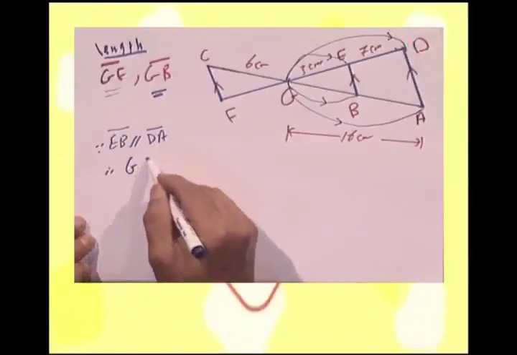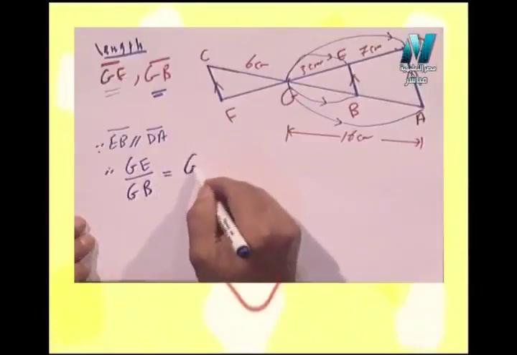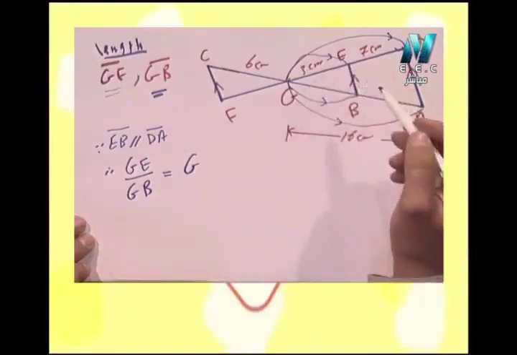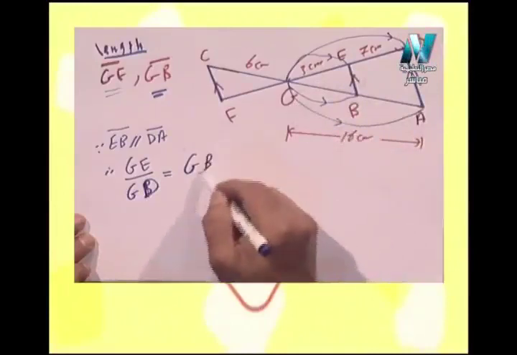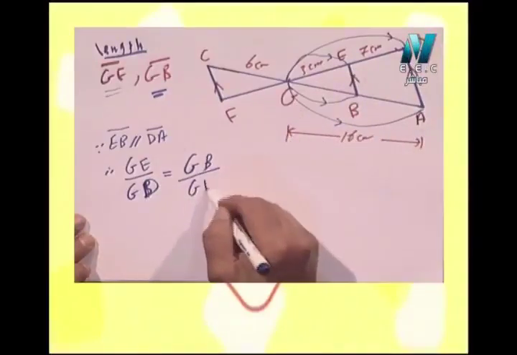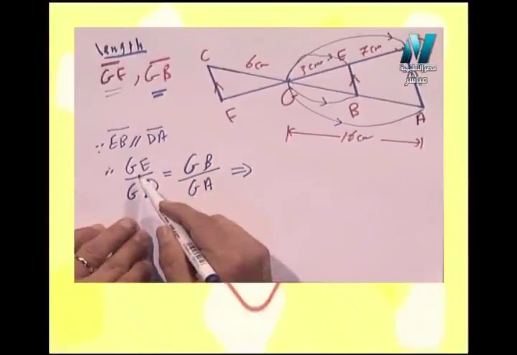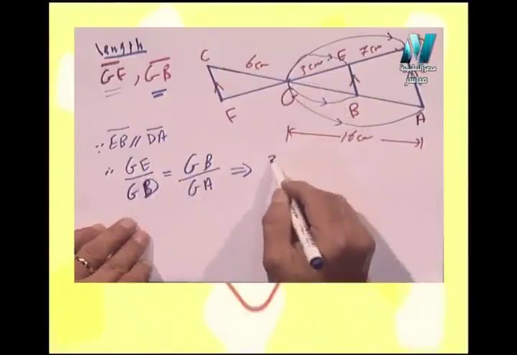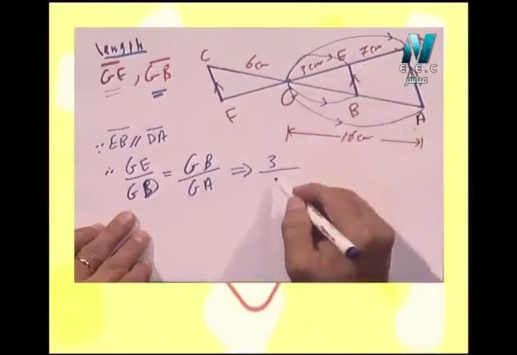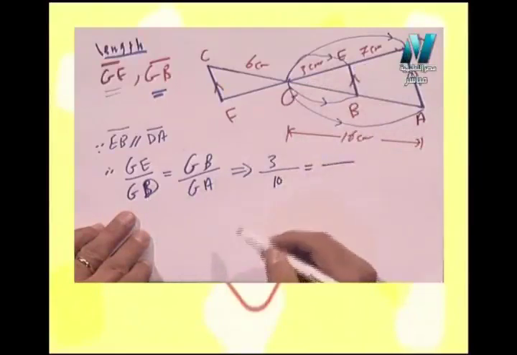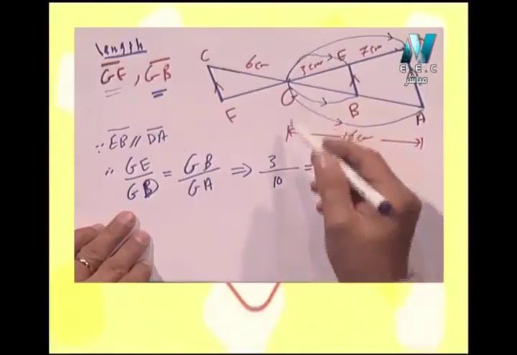So GE over GD will be equal GB over GA. We can put the numbers here. Instead of GE, we can put 3, and GD will be 3 plus 7 will be 10, equals GB, we don't know it, write it as it is, over GA, which is 16.